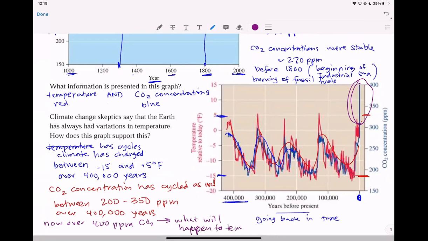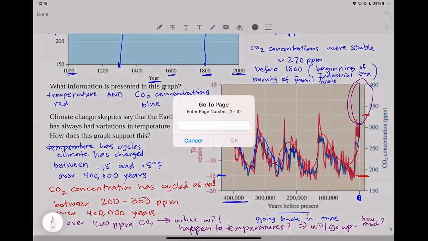Well, carbon dioxide is a greenhouse gas. We know that temperatures will go up too. We know they will go up. The question is how much?